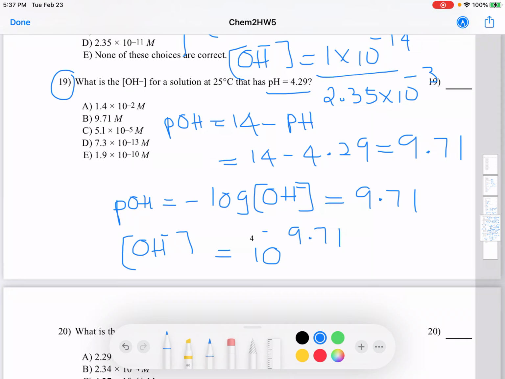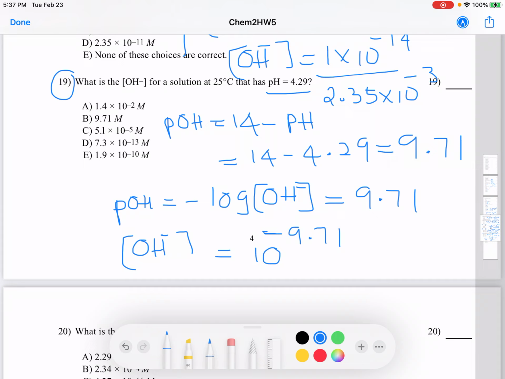Let's see. Shift log 9.71. I got a number and I have that answer right there. Yes, you put negative right there. Negative 10 base shift log or inverse log 10 base negative 9.71.